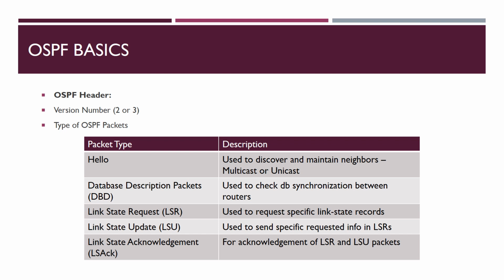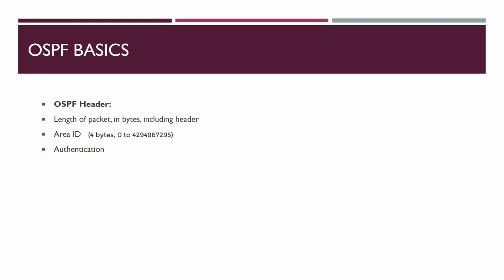The receiving router looks at the DBD packet, then decides which links it needs more information about. Then it creates a link state request packet which has the request for the links it does not have enough information for. In response to the link state request packet, it receives a link state update that has all the information about the links that it requested.